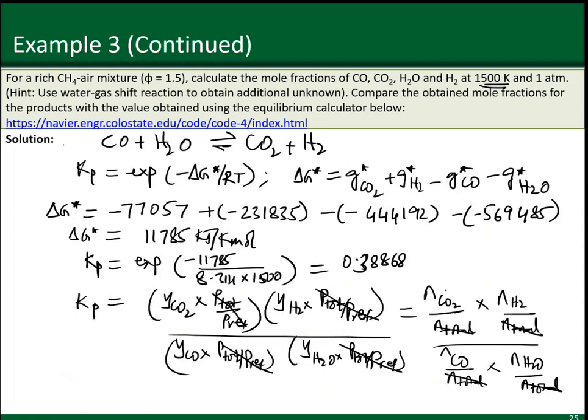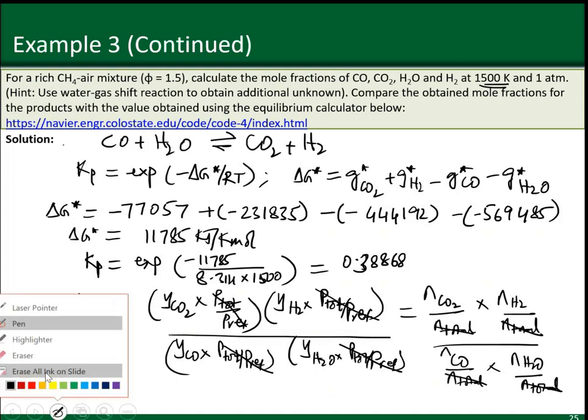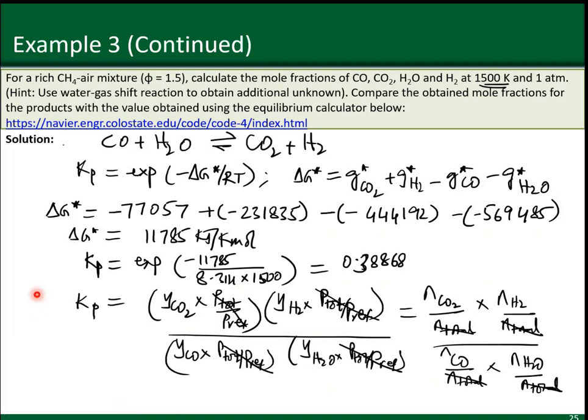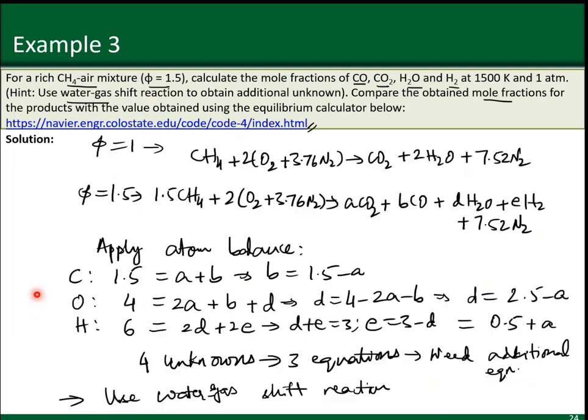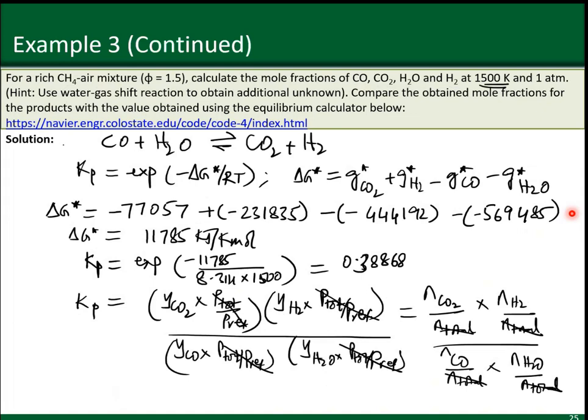Now, where are we going to get these moles of CO2 and H2 from? Well, this is basically coming from the chemical reaction we just wrote. If you go back to the previous slide, we came up with some expressions for the product side, right? So this is A moles of CO2, B moles of CO, D moles of H2O, and E moles of H2. The values of A, B, D, and E need to respect the value of Kp at 1500 Kelvin.